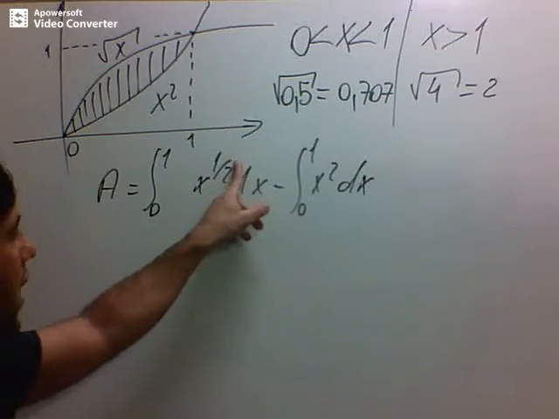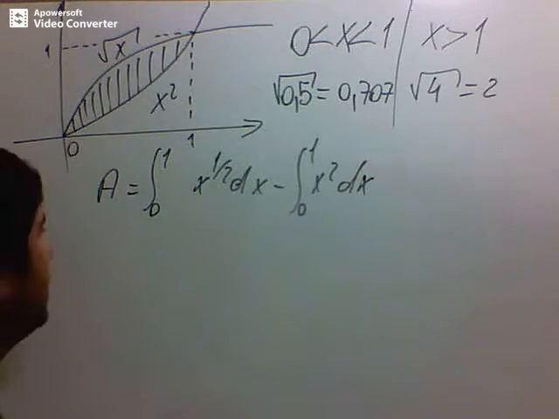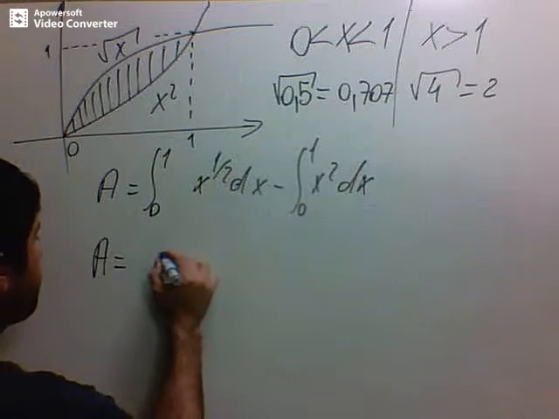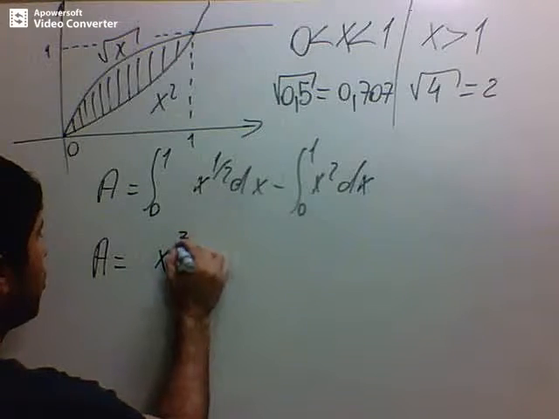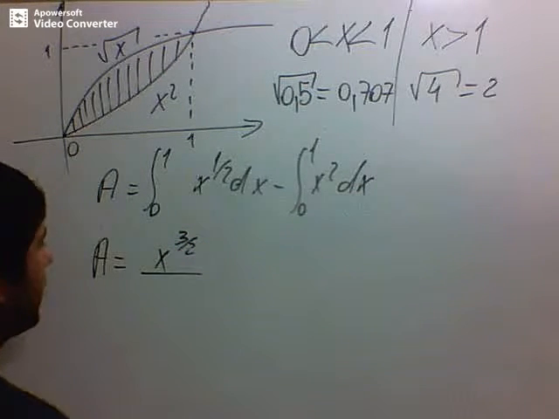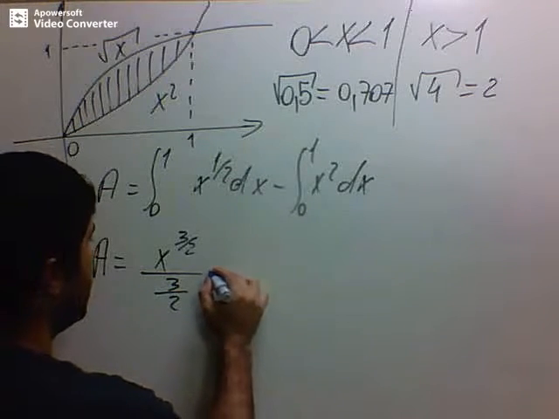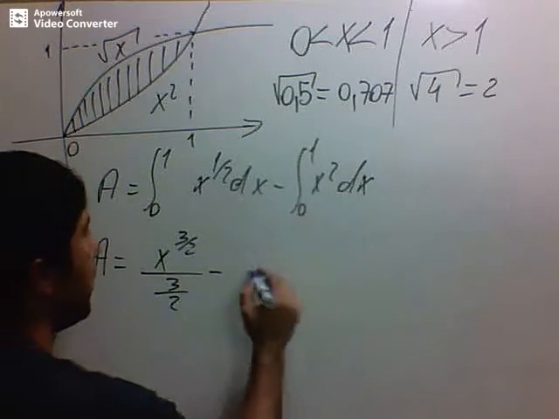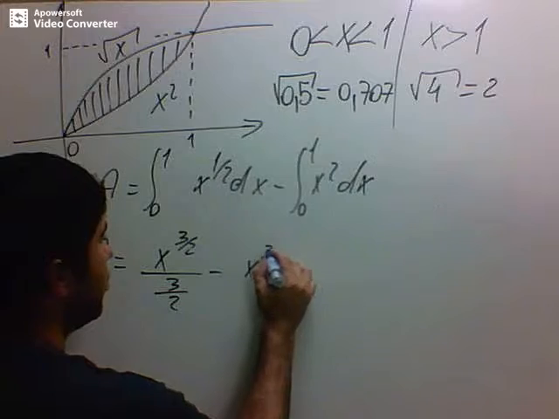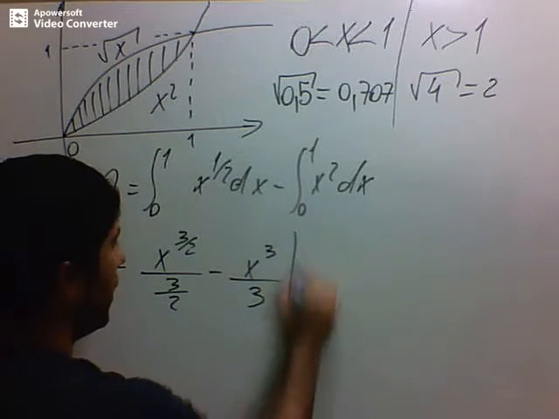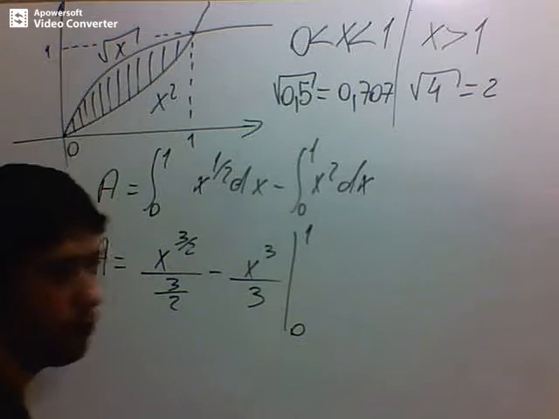I add 1 to the exponent and divide by the new number. Then the area is equal to x to the power of 3/2 divided by 3/2, minus, I add 1 here, x cubed divided by 3, and I evaluate this from 0 to 1.